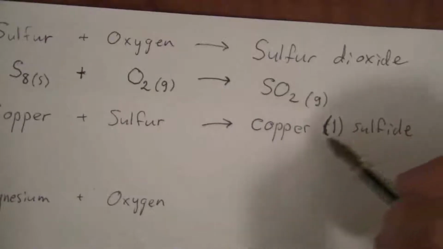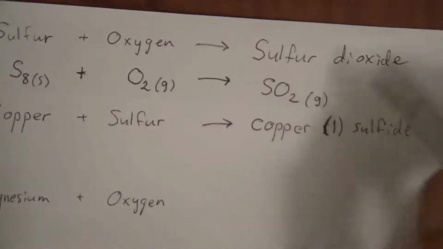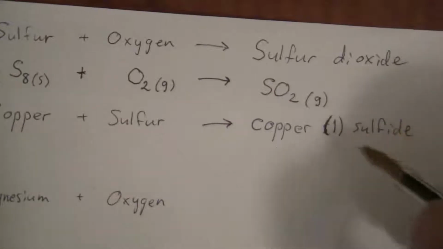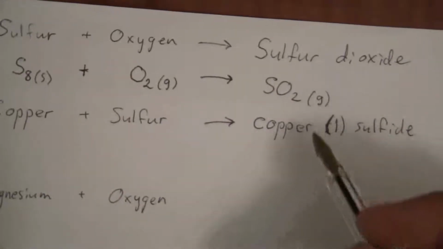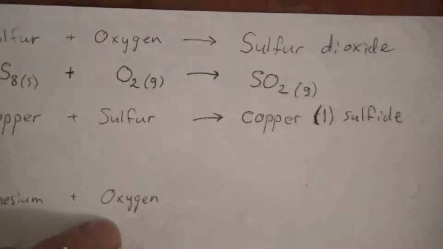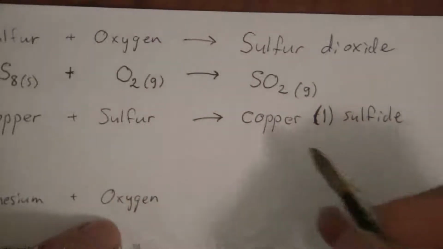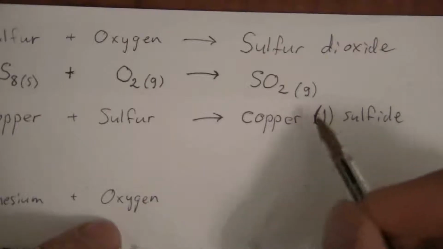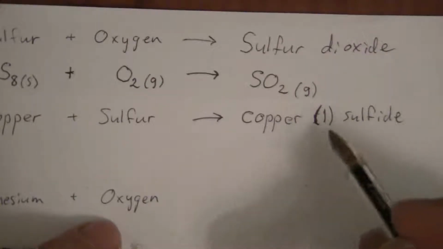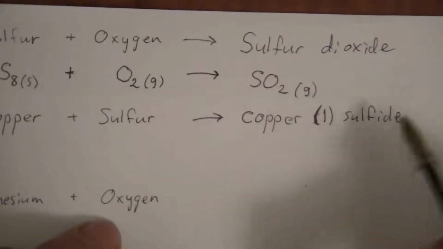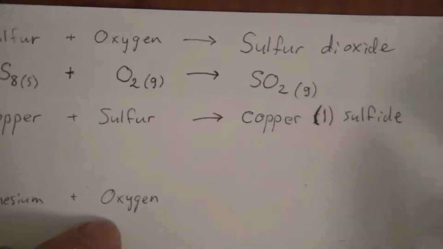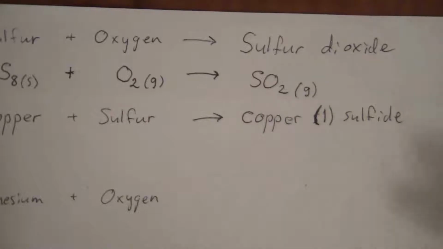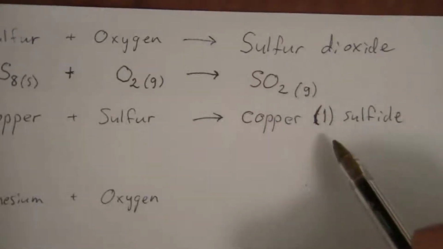It's a transition metal, so it can be either +1 or +2. It has multiple charges available to it. We did a test to identify which charge the copper had, and we found out that it was copper 1 sulfide. That was when we added the ammonia and it turned the solution blue. That indicated it was copper 1. It would have remained clear were it copper 2.